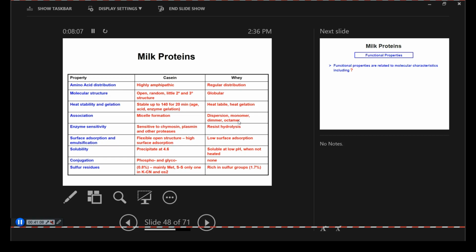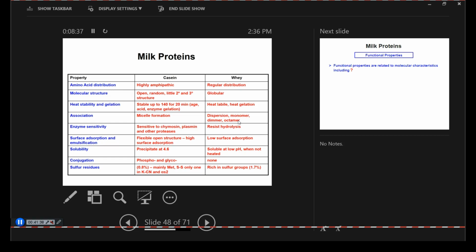Okay, so these differences between casein and whey present themselves in different functionalities. Caseins are usually used as emulsifiers and viscosity builders, if we're using calcium caseinate, like in creamers and cheese imitation for the color, whereas whey can be used in protein beverages.